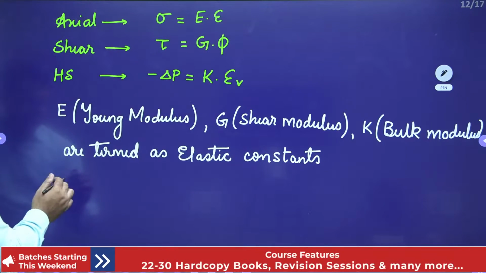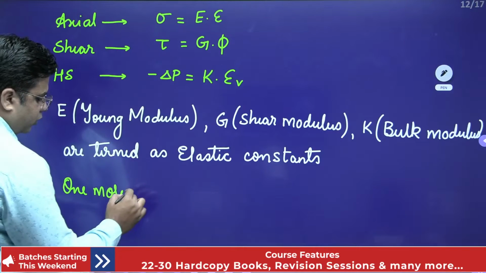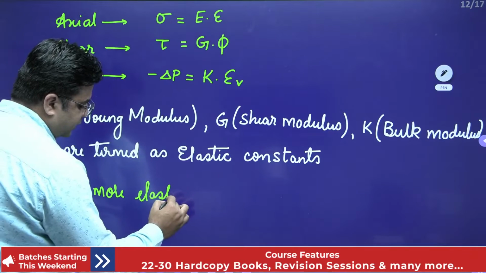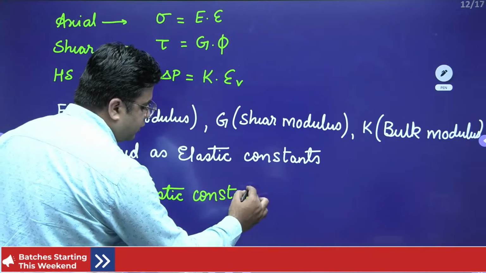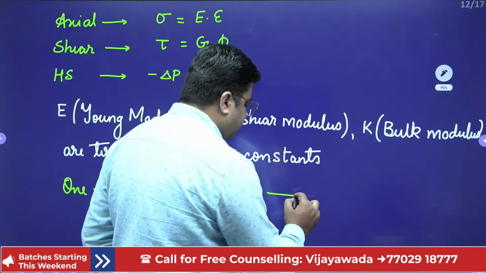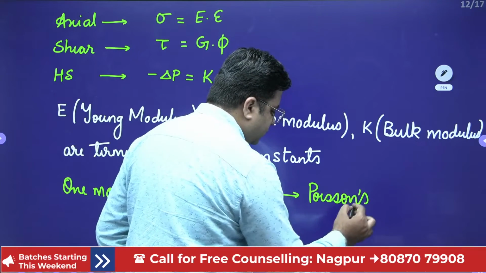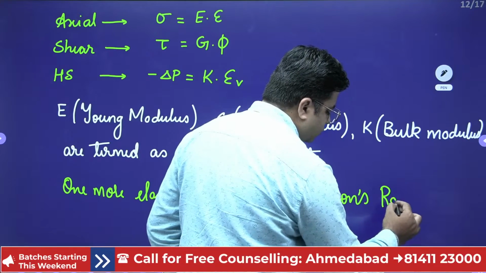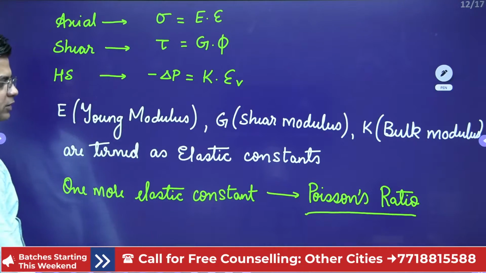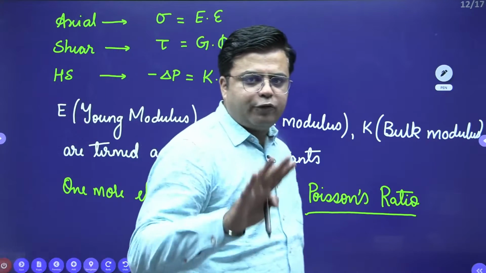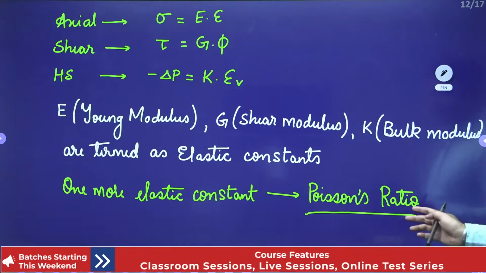One more elastic constant is there, which is termed as the Poisson's ratio. Right? So basically, we have four elastic constants. Three of them are written here. We need to discuss one more, which is the Poisson's ratio.